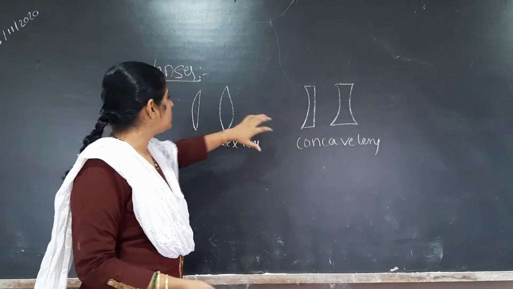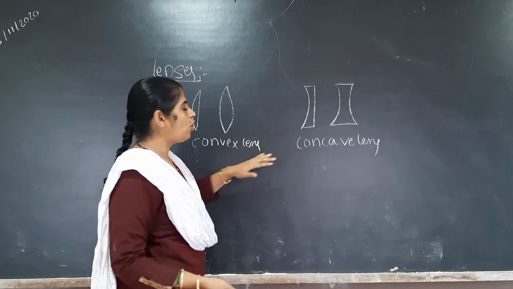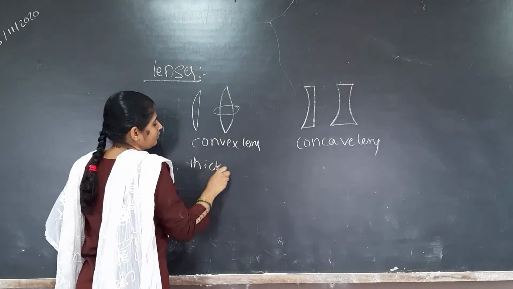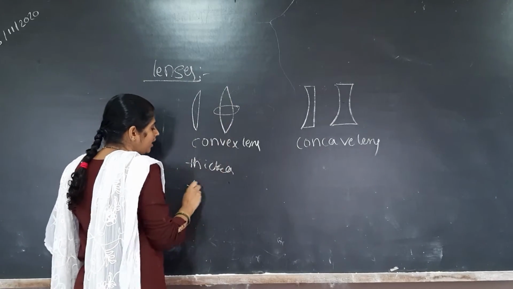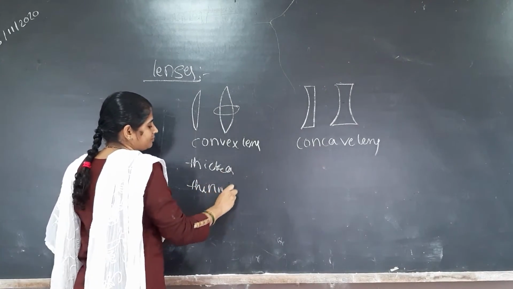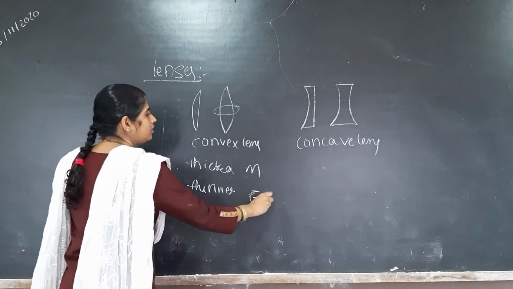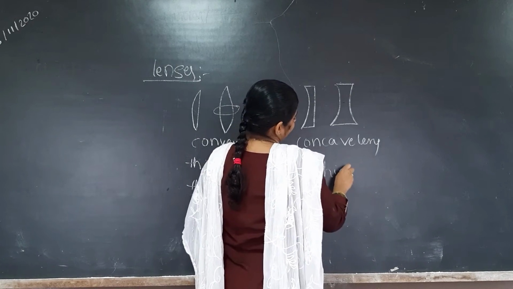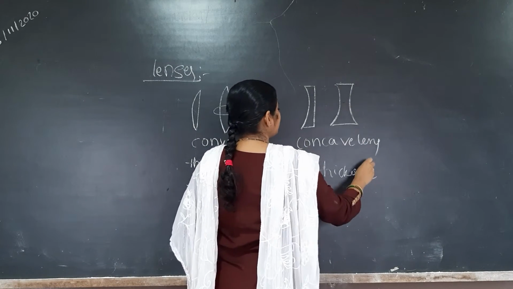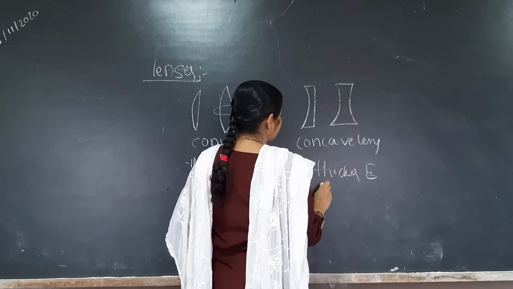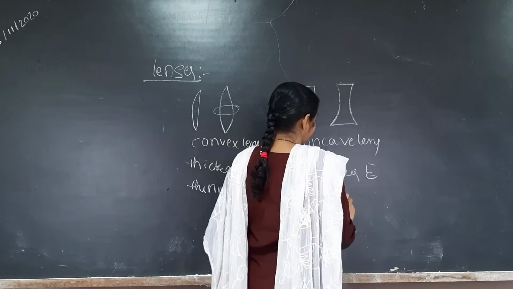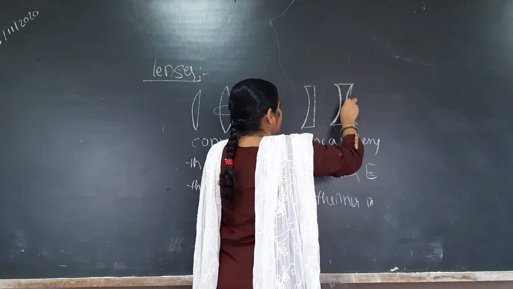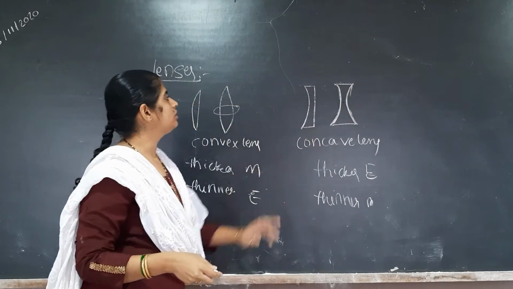So you can make it somewhat thin like this. So this is a concave lens.